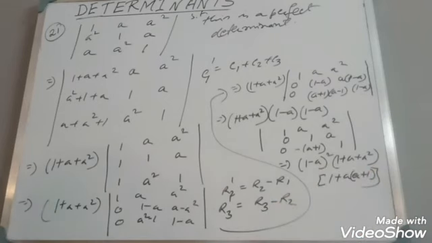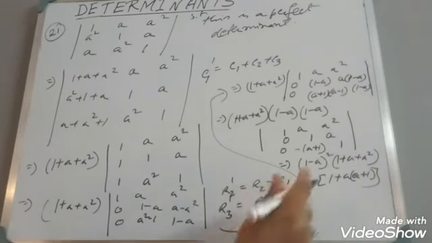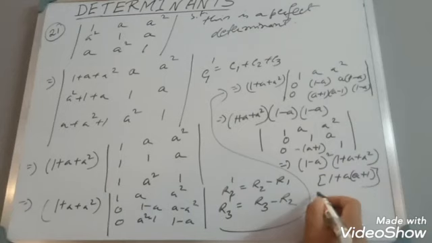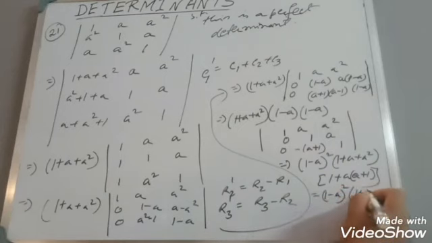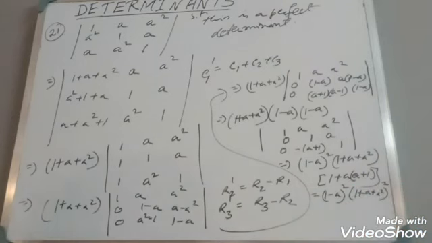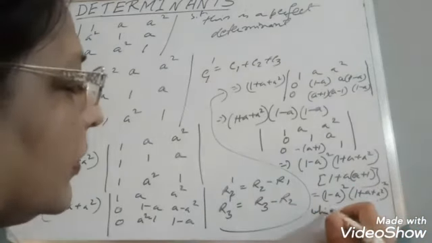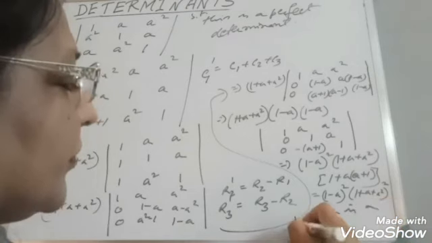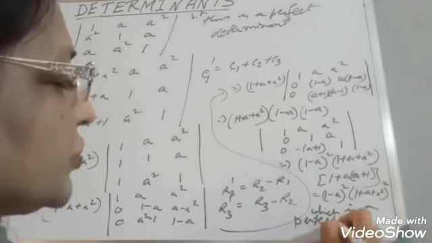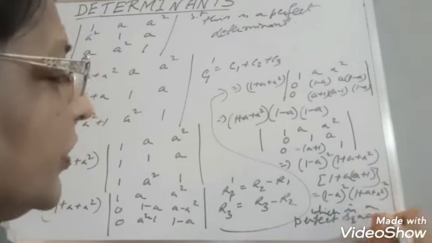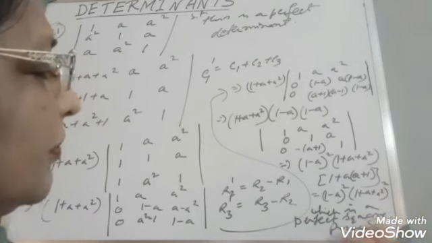Expanded with respect to the first column. Then what we will get? 1 minus a whole square into 1 plus a plus a square, whole square. Which is a perfect square.